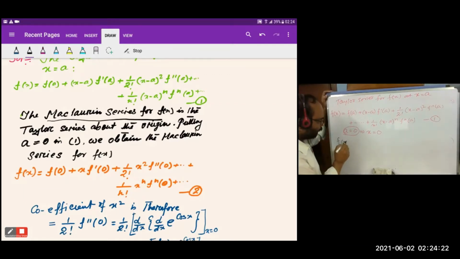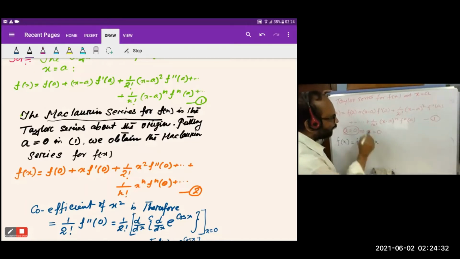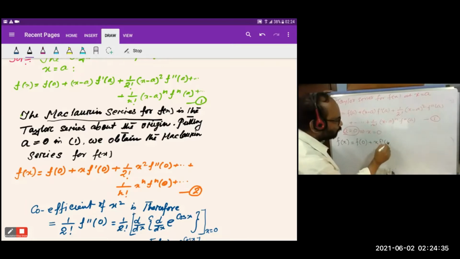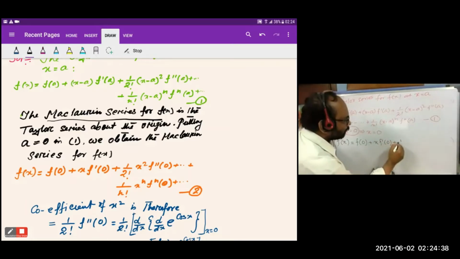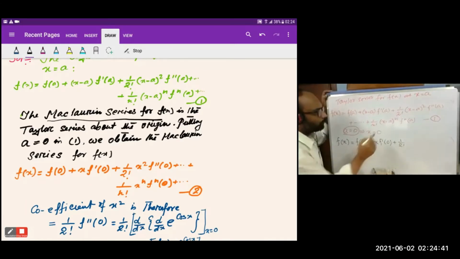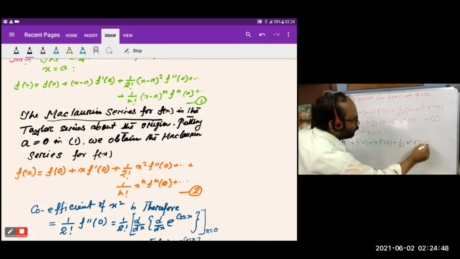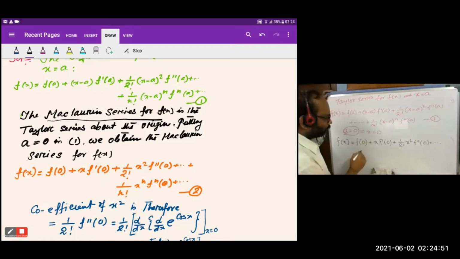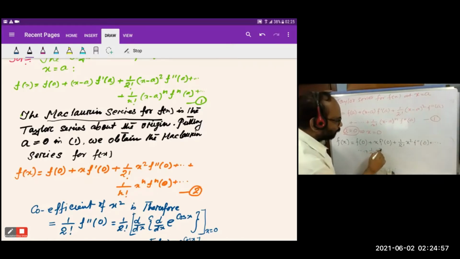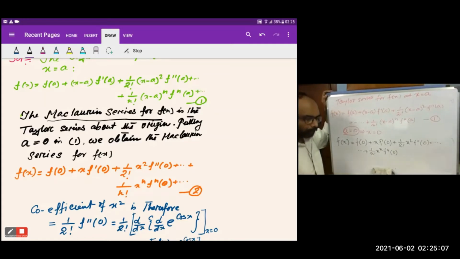So f(x) is equal to, now we are going to put a equals to 0, that means f(0) plus x f dash 0 plus 1 by factorial 2 x square f double dash 0, dot dot dot, plus 1 by factorial n x to the power n, nth derivative of the function at 0.